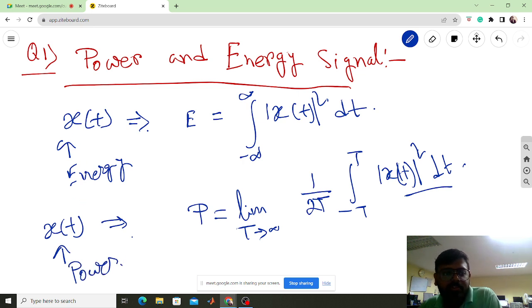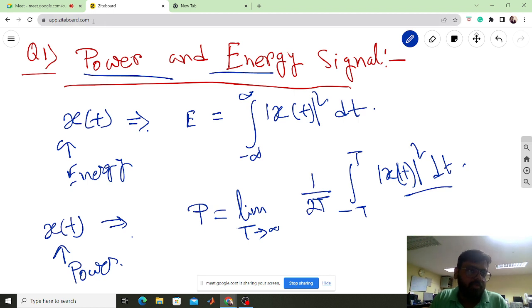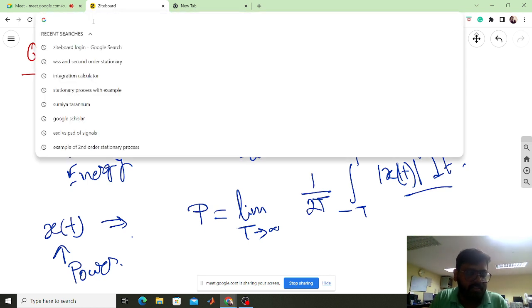So the question is, what's the difference between a power signal and an energy signal? For that, I'm just giving you a visual representation.